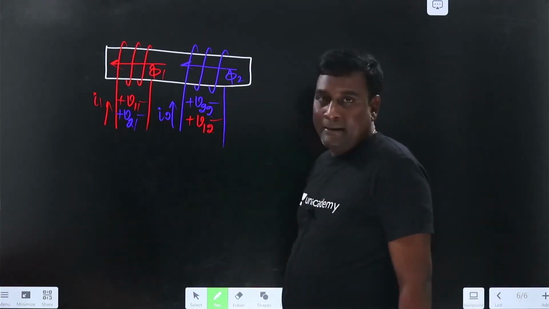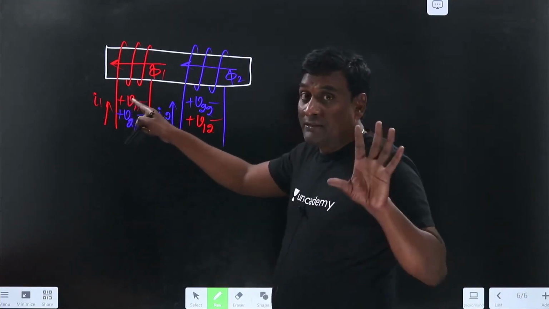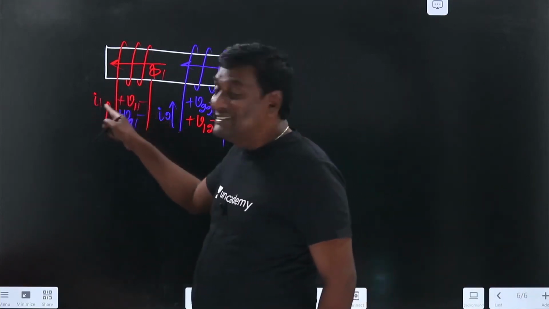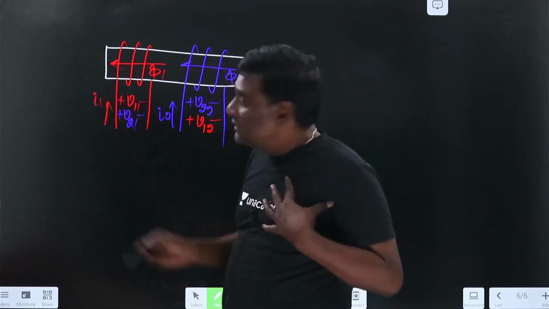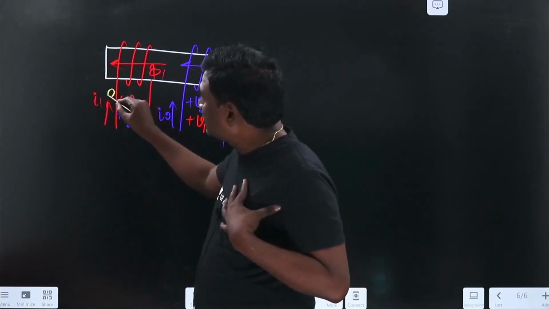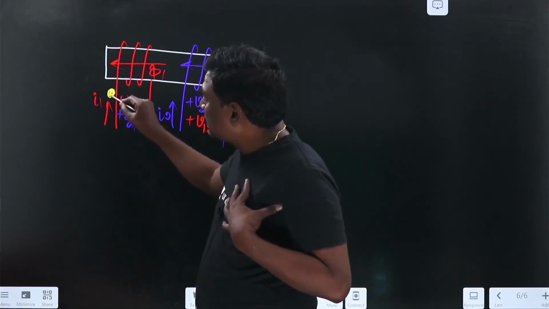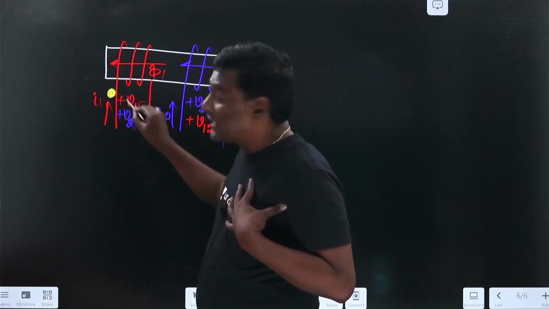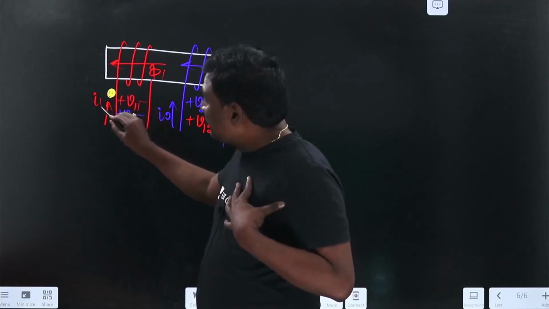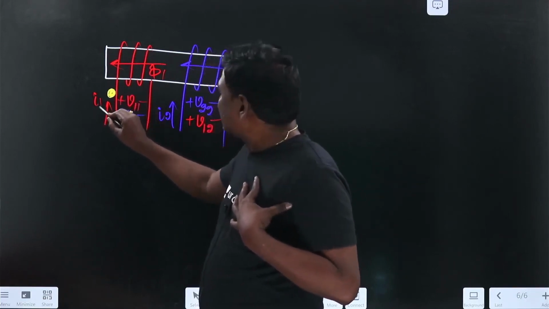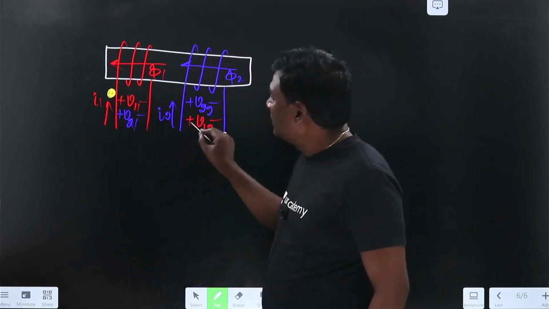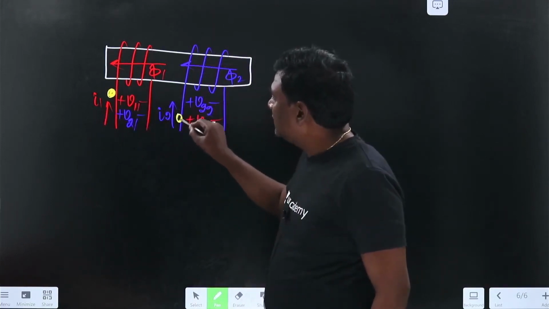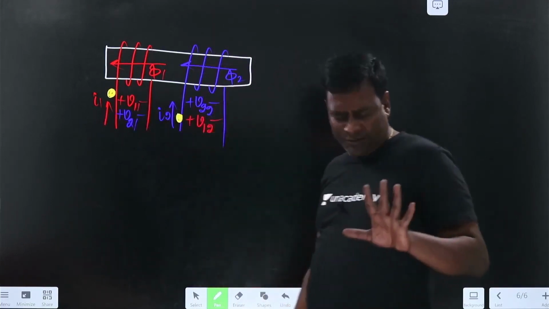Okay, see here, relax guys, whenever my current is entering, for self it is the positive terminal, red. Now, whenever the current is here, the mutual induced voltage here is plus.